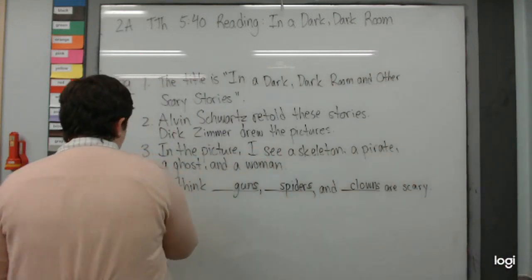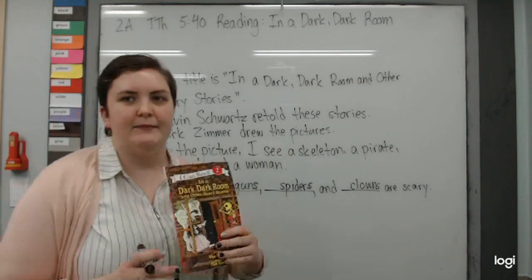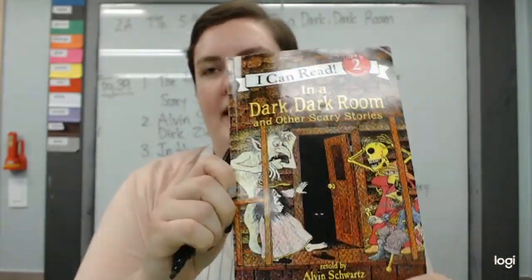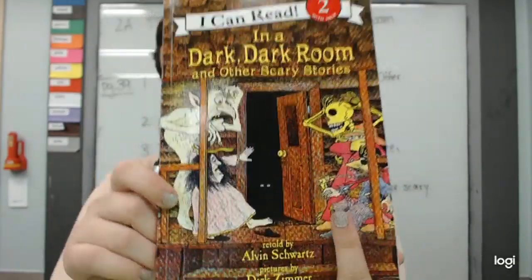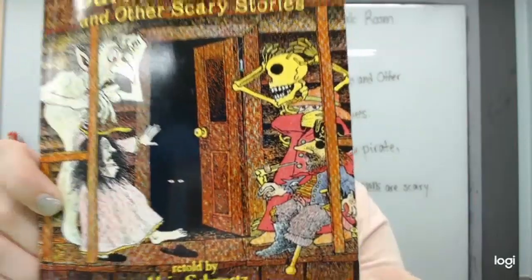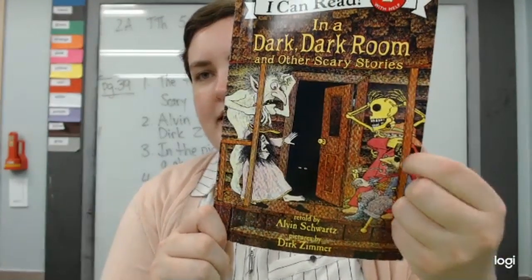Number 5. Describe the pirate. I'm going to get up close again. Okay, this side. The pirate. You can see my nice nails. So let's look at the pirate. So we can see, right here, he's wearing an eye patch.